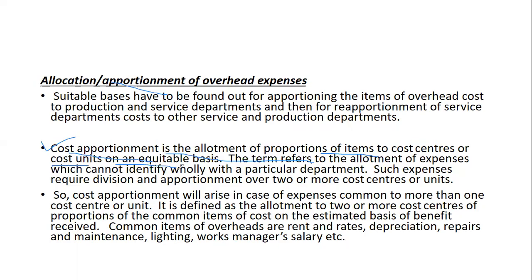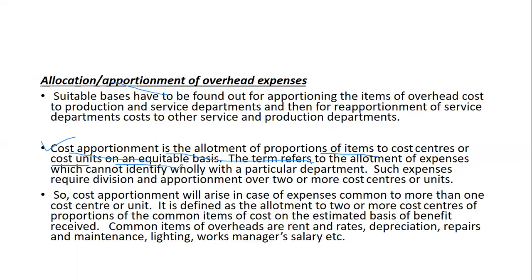But what I want you to understand is apportionment of overhead expenses. By apportionment of overhead expenses, we mean sharing the overhead expenses between two or more departments. It can be a production department, it can be a service department, using a fair basis.